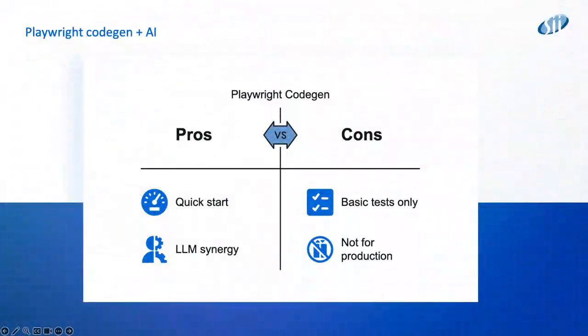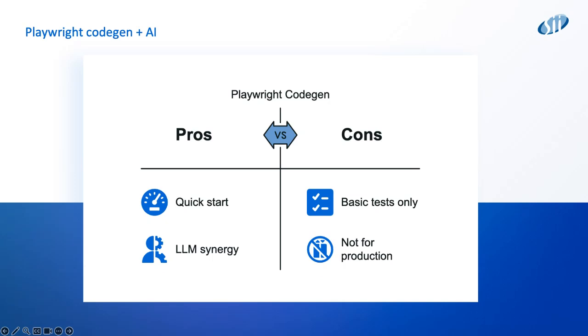And another thing is, if we talk about integration of AI with Playwright, another idea is using Playwright CodeGen plus AI, because Playwright CodeGen is a tool which is available out of the box in Playwright.